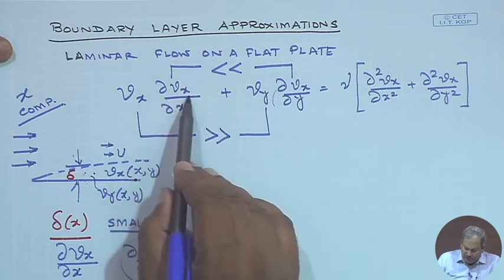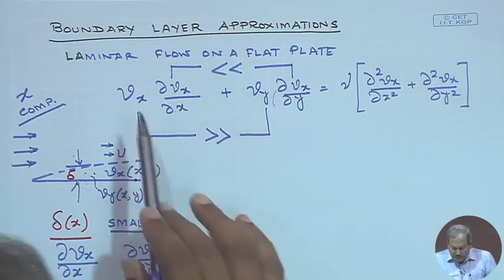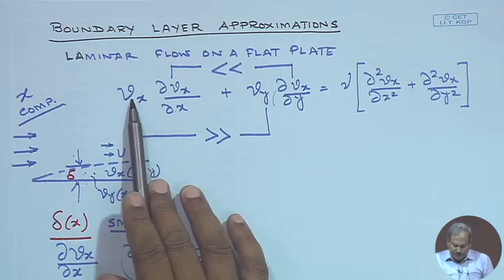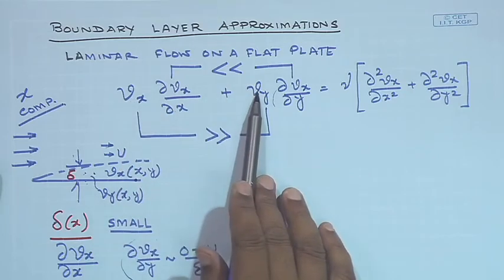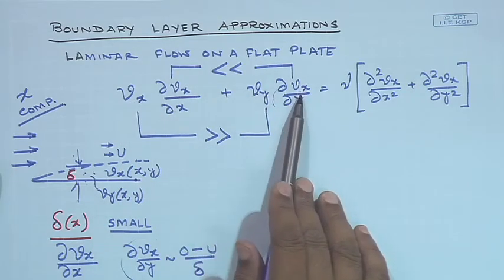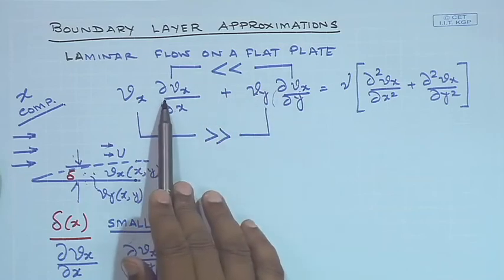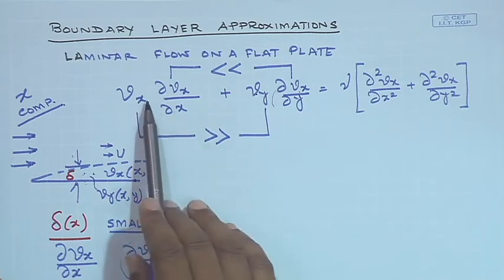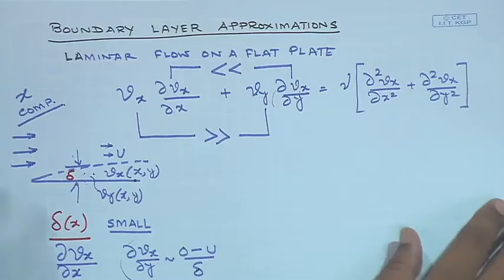the axial velocity gradient. So, as you see from here, since Vx is large as compared to Vy and del Vx del y is large in comparison to del Vx del x, for the product of these two, we cannot make any judgment about which one is going to be significant.